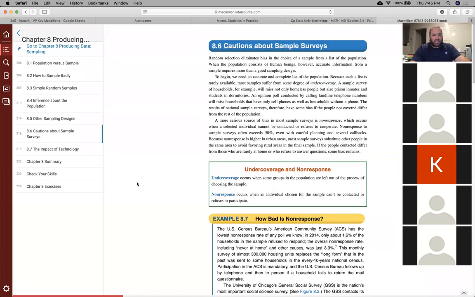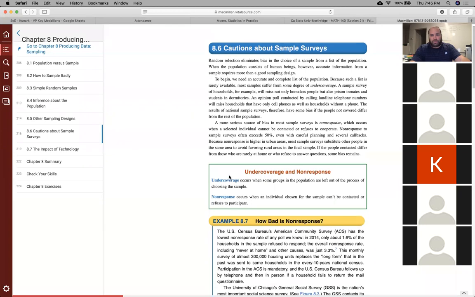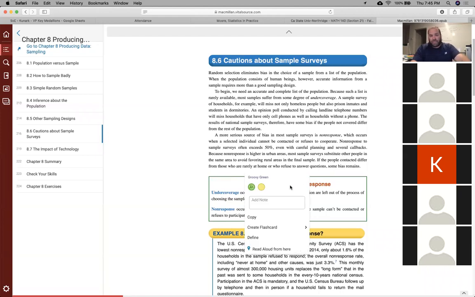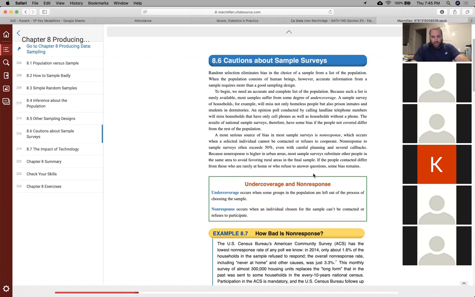Again, 8.6, cautions about sample surveys. What are some things to worry about when you do sample surveys? There are two basic things to worry about: undercoverage and non-response. Undercoverage is when you don't get a representation of the entire population because you're missing some portion of it.